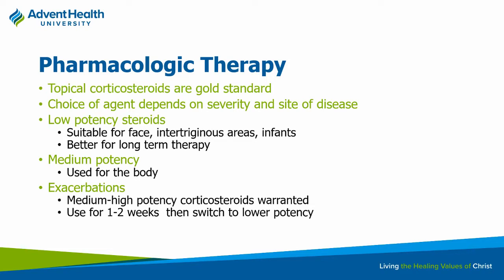These are okay. When you get to more medium potency steroids, that's where you want to use more areas of, say, thick skin, where you're less likely to see a lot of that absorption there. And then for those exacerbations or acute flare-ups, you can pick it up and use something even higher potency potentially for a short period of time, and then you scale it back. The goal always being to use the least potent steroid, the lowest concentration that you can, because that should lead to the least number of side effects.